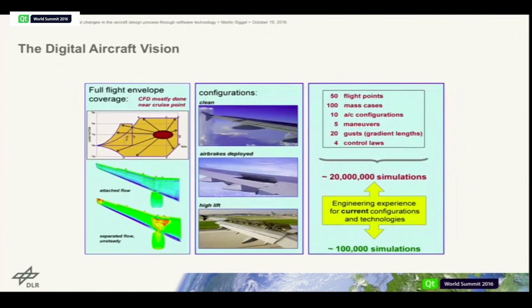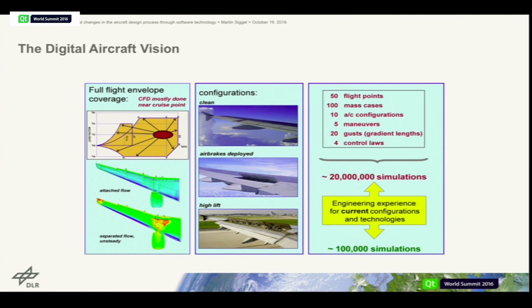So to wrap up, we have the vision for the complete digital aircraft. We want to simulate everything of the aircraft, but as you can imagine, for example, if you have 15 different flight points, 100 mass cases, 10 different aircraft configurations, 5 maneuvers, 20 different gust cases, so winds, and 4 control laws, meaning 4 different modes of the flight computer, you end up already with 20 million simulations, right?